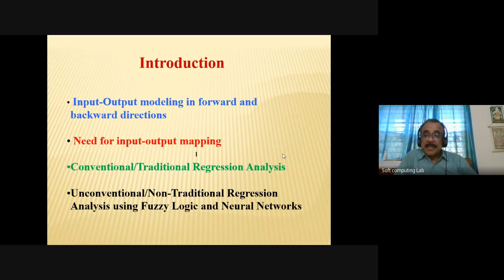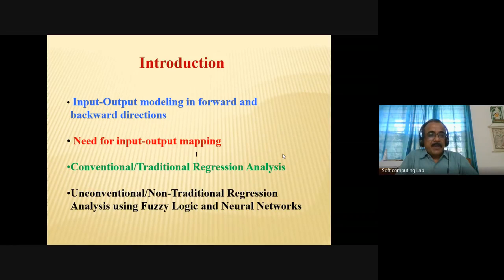Now remember, that experienced operator working on the lathe is conversant with this input-output relationship in both the directions. So he has some knowledge base, and some expert system in his mind, in his brain, that if this is the set of inputs, what could be the output? And if I want to obtain this set of outputs, how to select the inputs? And that is why he is an experienced operator, and we are dependent on the experienced operator.